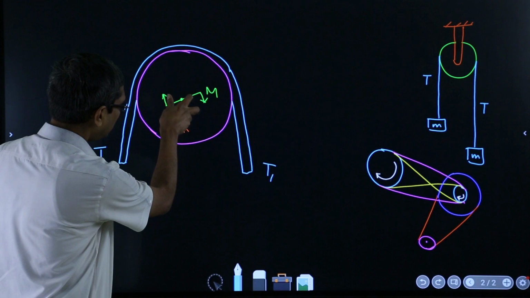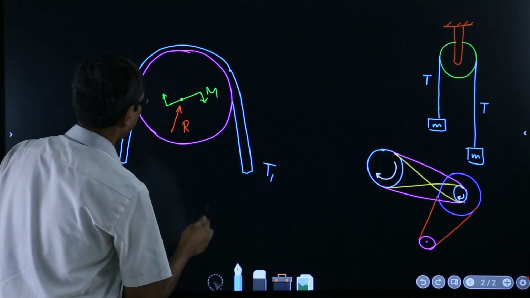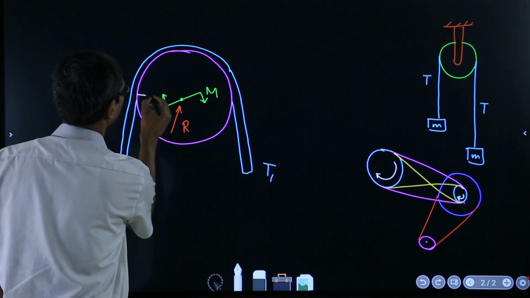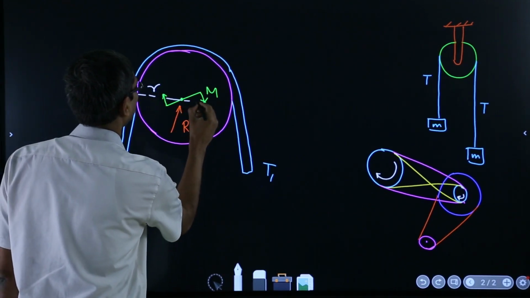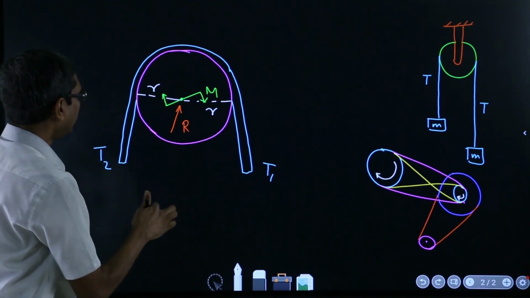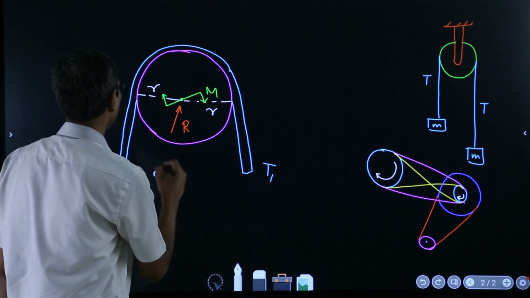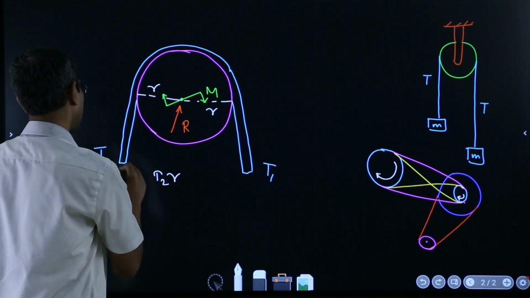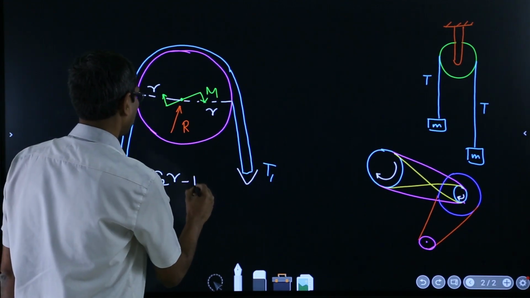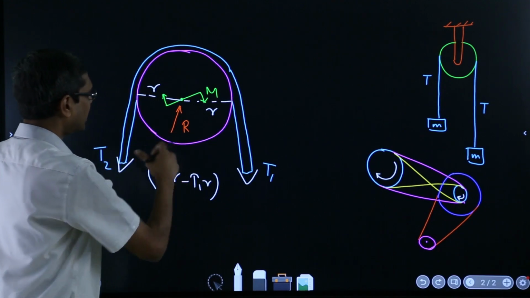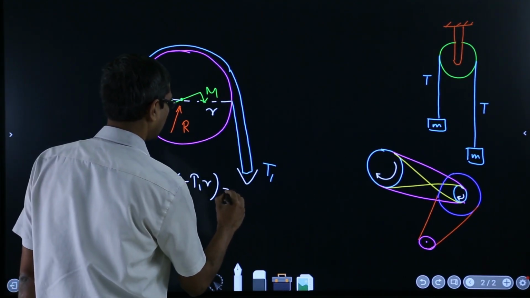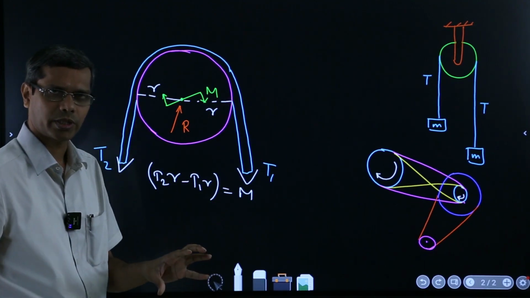That means this moment is getting resisted by, suppose this radius is R, similarly this is R. Then T2 times R, suppose this tension is in this direction and this is in this direction, so T2 times R minus T1 times R is the effective moment coming in this direction, and that should be exactly balanced by that M, isn't it, on the verge of slippage.